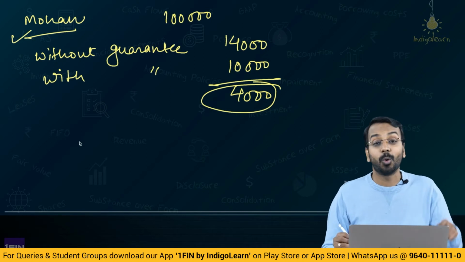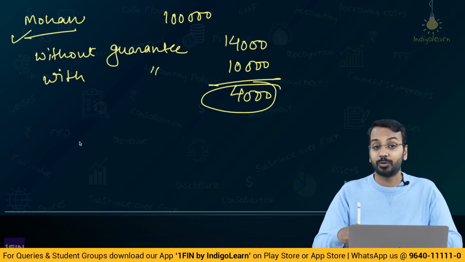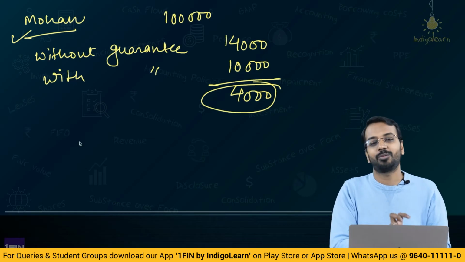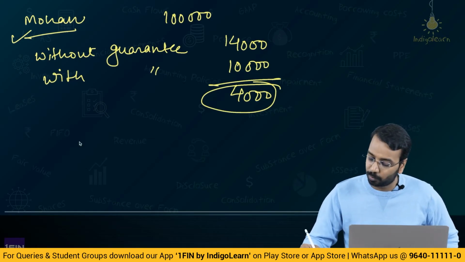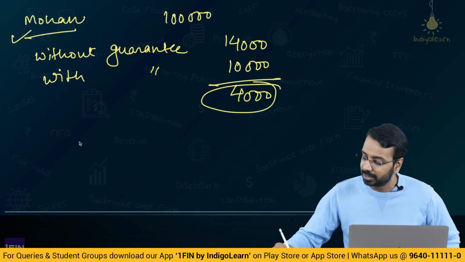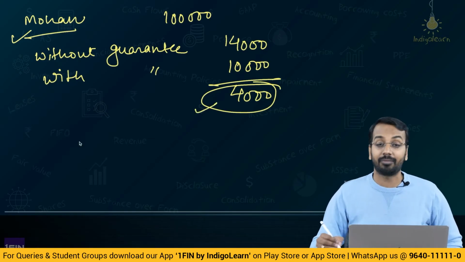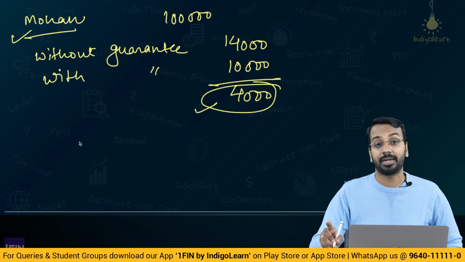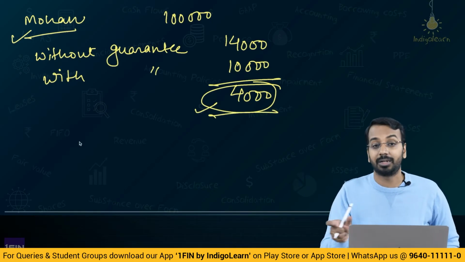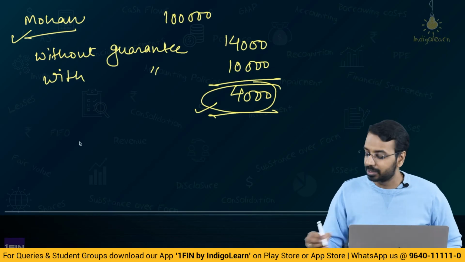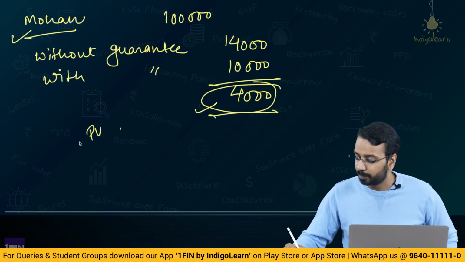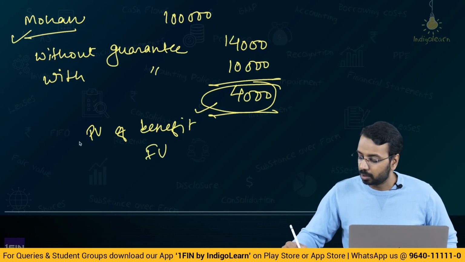And please remember, Mohan Limited is a subsidiary. Maybe if it was any other party, Surya Limited would have charged something or would not have provided guarantee. But here, because it is a subsidiary, they have got a benefit of 4,000 because of the guarantee. So this 4,000 per year that is saved, which is discounted at applicable rate of interest, that will give us the present value of benefit, which is the fair value.